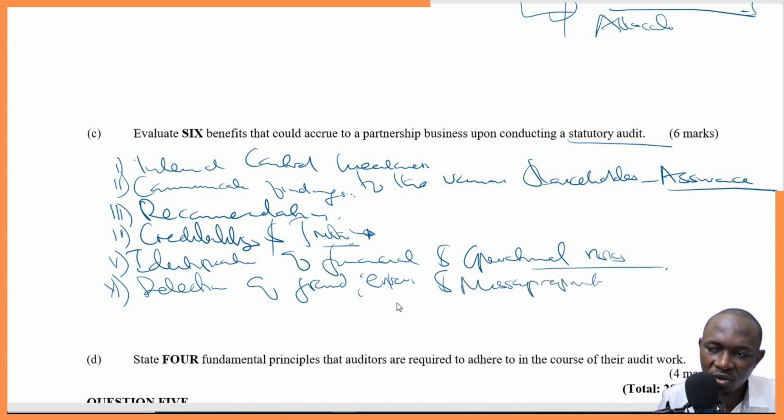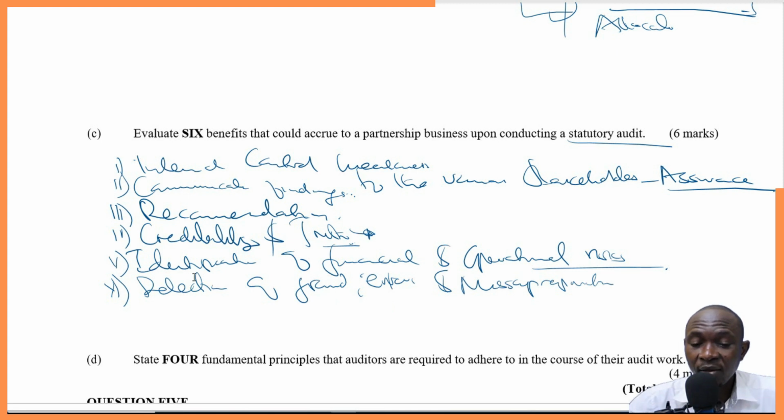Remember, the people who are going to do the statutory audit are external parties, so they should be in a position to detect any fraud, errors, and if they find they are not there, then the credibility and trust will be enhanced. If they find that we have errors and fraud, then of course corrective measures will be taken, and that will also help in improving the relationship between the partners.